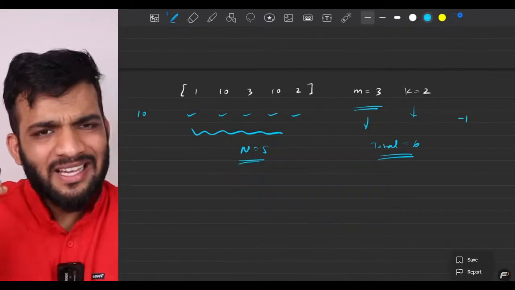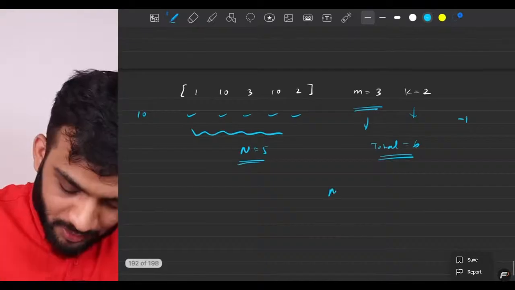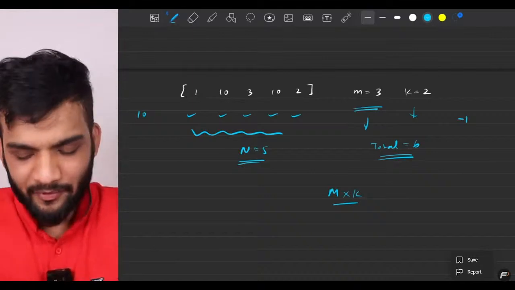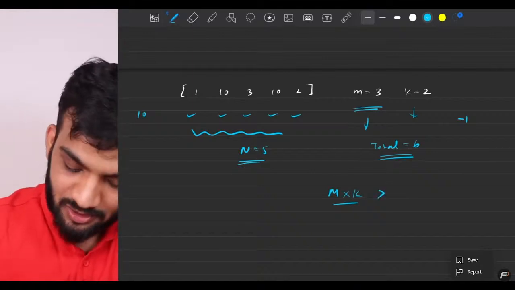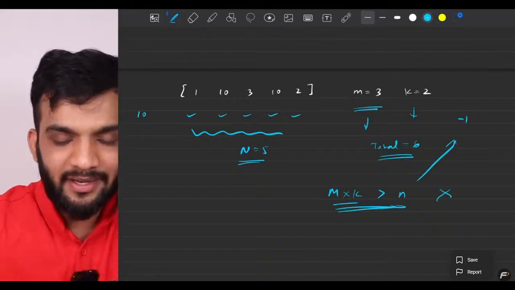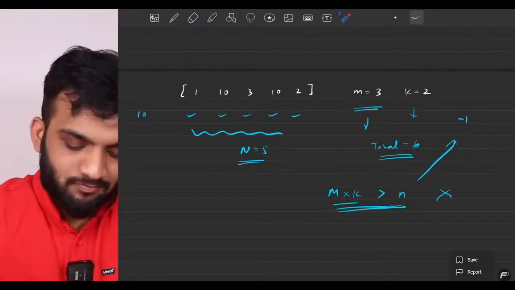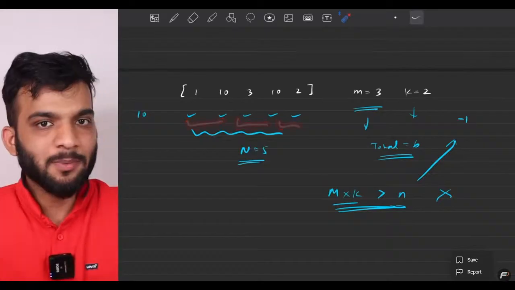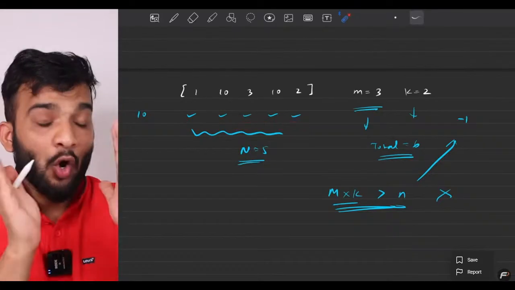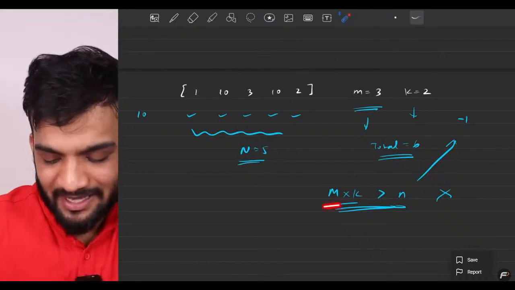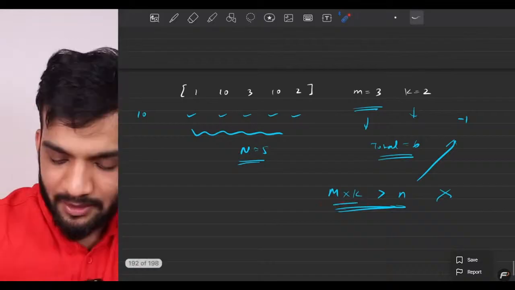So can I say, if at any moment m into k, or whatever is the number of bouquets into the number of adjacent flowers, exceeds the n, this is not possible, and this is the case of -1, because I have already bloomed all the flowers, and I can always pick up adjacent, because all the flowers will be picked. And if I cannot make this total, and hence that's greater than n, then I just straight away return -1.